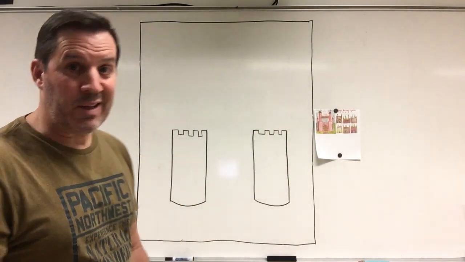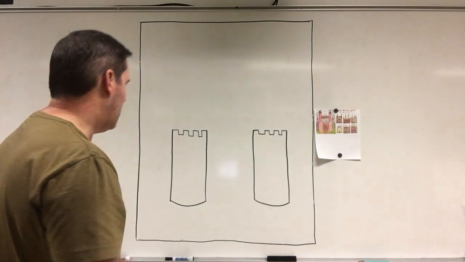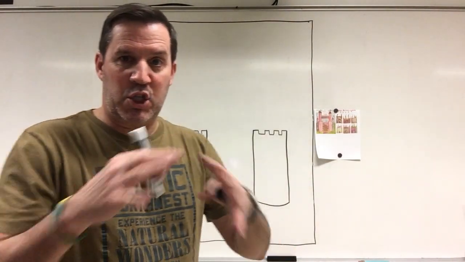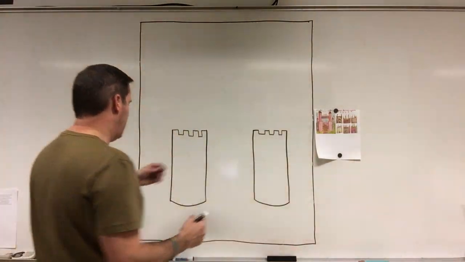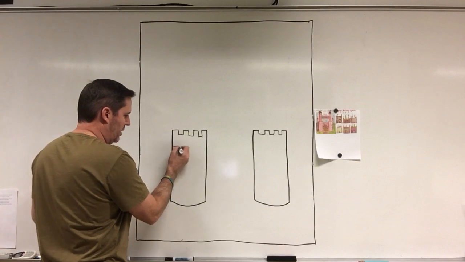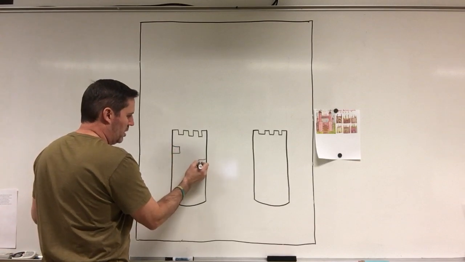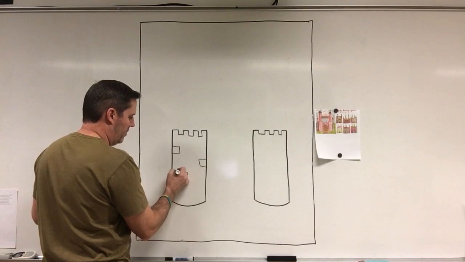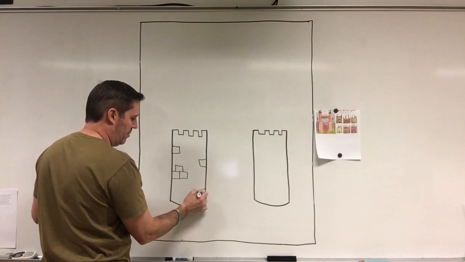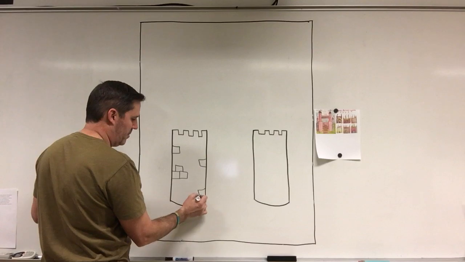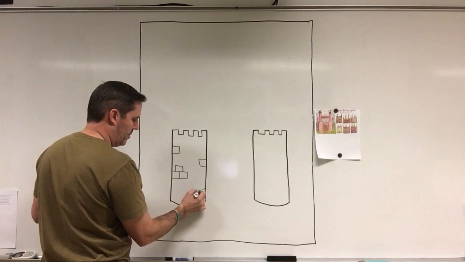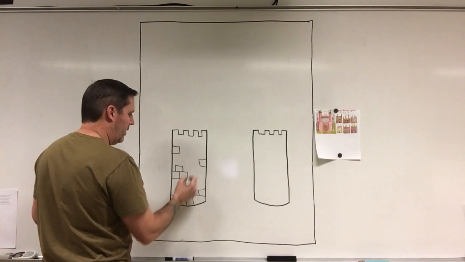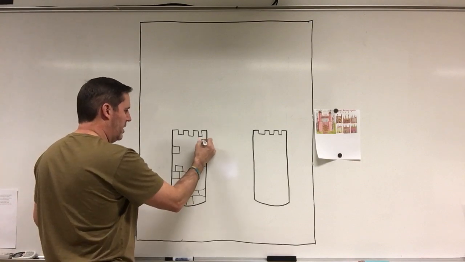Now, if you want to get really fancy schmancy, you can actually do the stone blocks that are in the towers. If you want to save a little time, you can just do some little stone blocks, but not a lot of them. If you want to do them all over the whole thing, you certainly can.